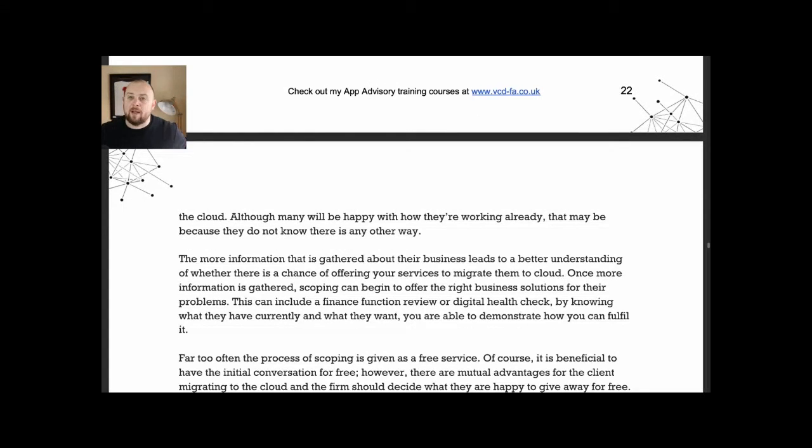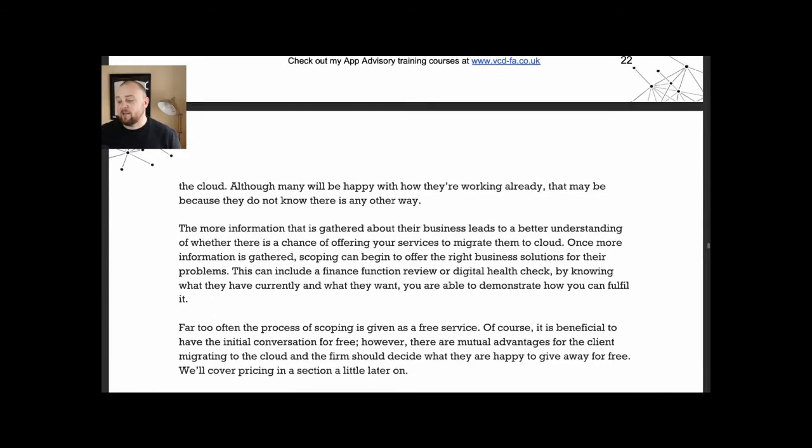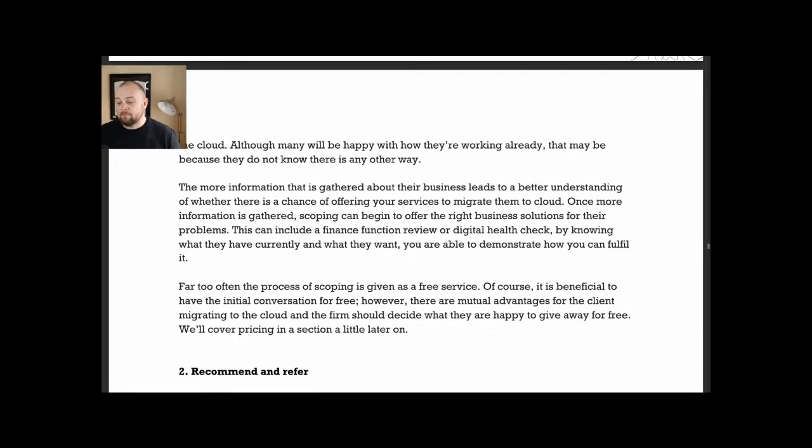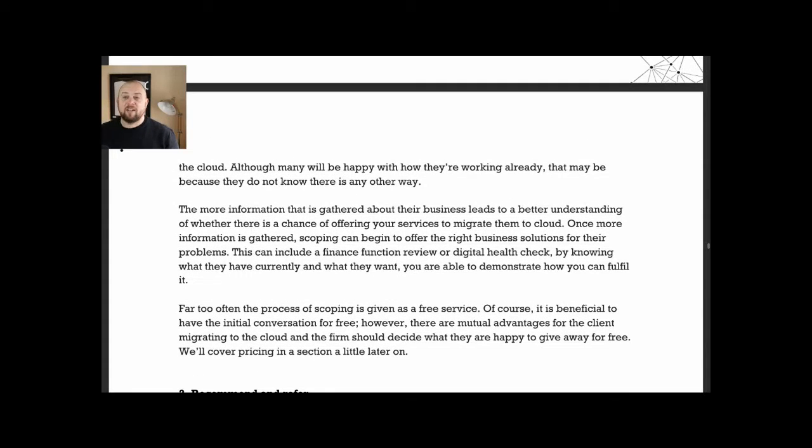It's there not to answer, it's there to find. So a fact find is really important when you're going through this, to understand what they currently have and then ascertain what they need. And out of that scoping, there needs to be essentially a list of requirements. So this is what you need it to do. And also an extra category on those requirements should be mandatory and nice to have.